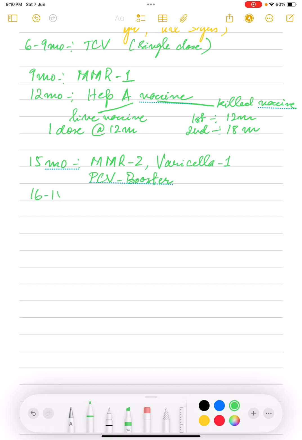And at 16 to 18 months, we have to remember that in NIS this age range was 16 to 24 months, but in IAP it is 16 to 18 months. We have DPT booster 1 and HIB booster 1 and IPV booster 1.